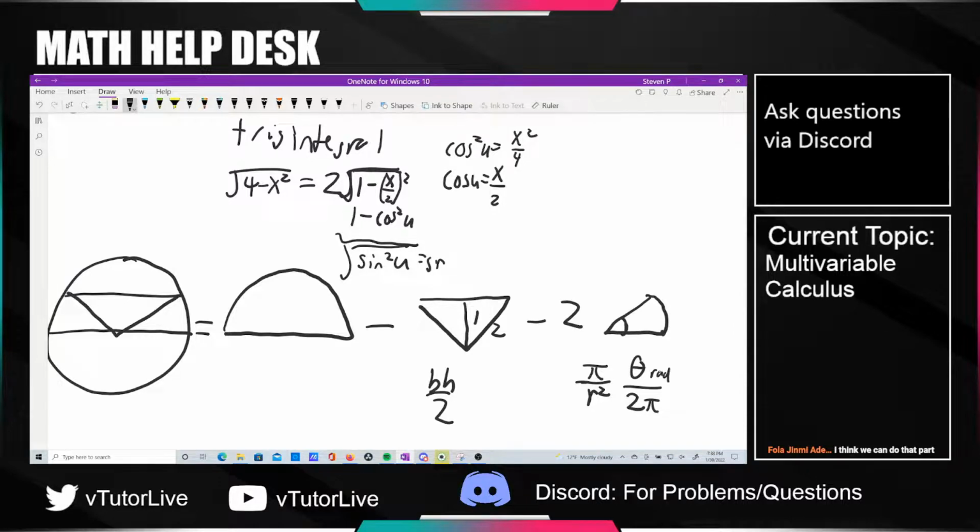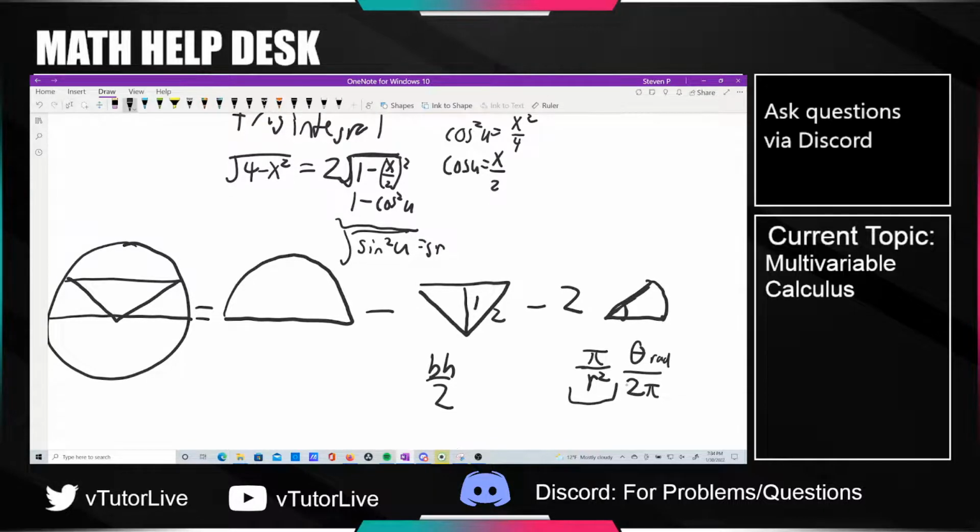Whatever theta is in radians, divide that by 2 pi, and this should give you the area. That makes perfectly good sense, because if this is the area of the whole circle, then you multiply by the fraction of the circle this wedge is, which is theta over 2 pi. Then multiply that by 2 to represent the fact that there are 2 of these wedges, and you should be golden.